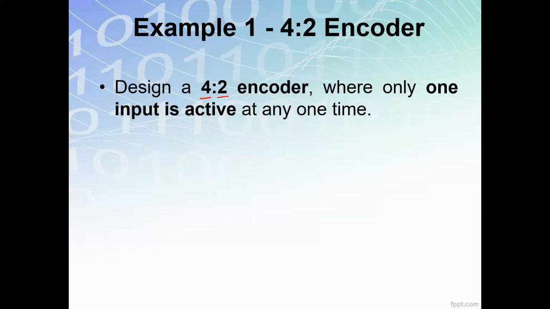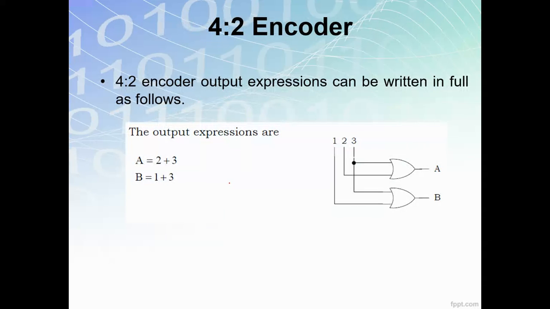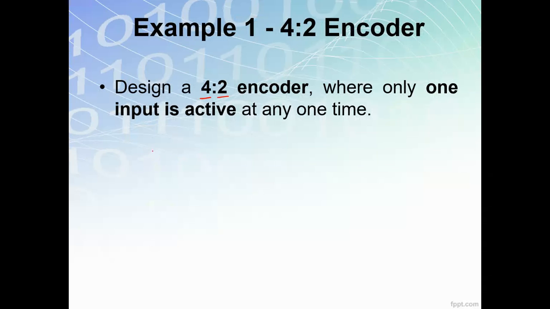So only one input is active at any one time. Okay, kalau kita draw the truth table, okay, kita have 4 inputs. Kalau kita draw dia punya block diagram, kita ada 4 inputs and you have 2 outputs.